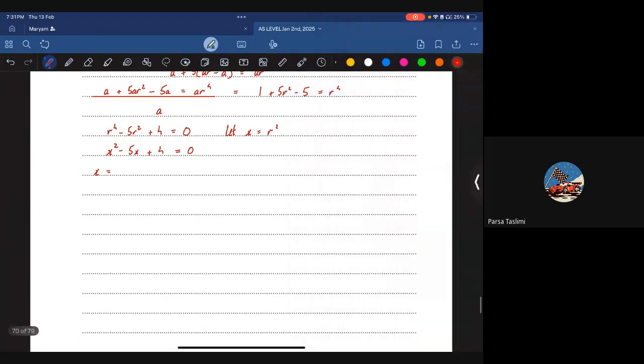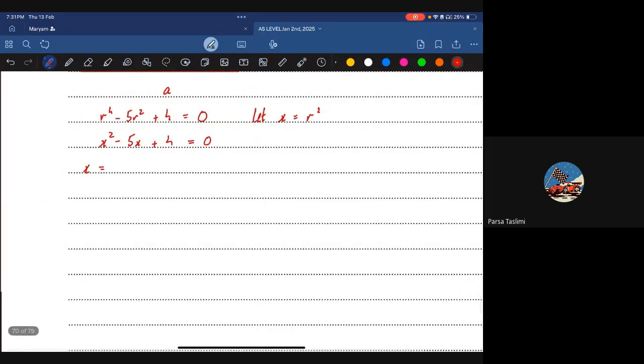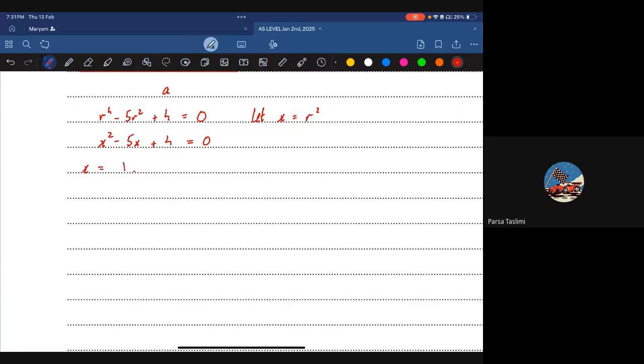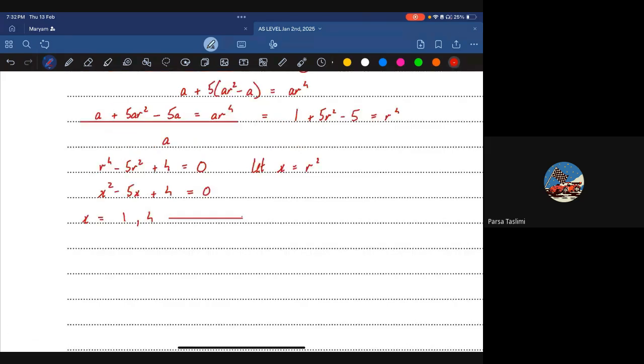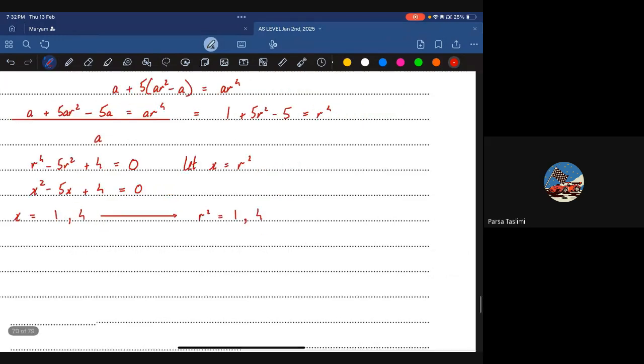Yes, Parsa. Got any values for x? I think it's going to be 1 and 4. You can middle term break this as well. Now, if x is equal to 1 and 4, that technically means that r squared is equal to 1 and 4.